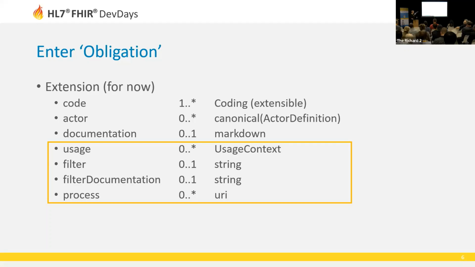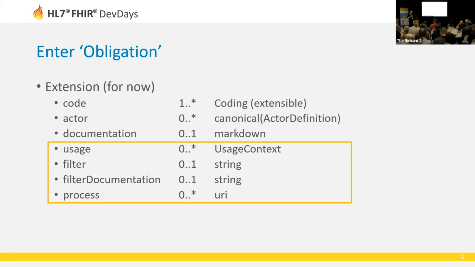So usage context is a complex data structure that we throw in on all of our conformance resources, and now we embed it here, and we've also got it in our additional bindings. And it lets you say, this context or this obligation applies, but it only applies if you're dealing with humans, or if you're dealing with cows, or you're dealing with pediatrics, or you're in Canada, or you're dealing with admissions. So you have the ability to partition the context that this requirement applies to.